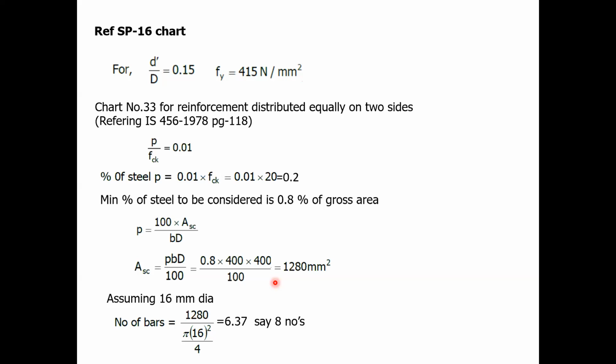Okay, so after this what you have to do? You have the number of bars. Next, lateral ties. So you have to calculate the lateral ties and the spacing. Take down. Therefore, provide 8 numbers, 16 mm dia bar. Next, take down lateral ties, greater of the following.